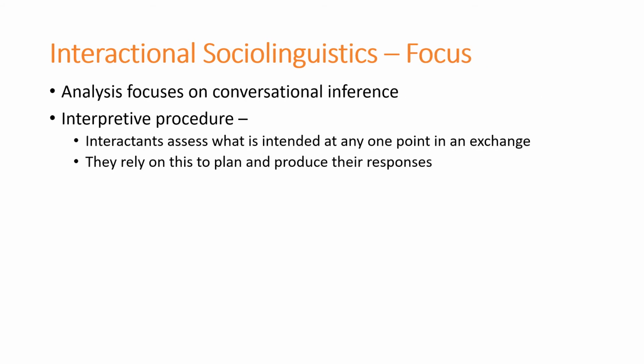To sum up the previous slide, interactional sociolinguistics focuses on conversational inference, and the key concern is the interpretive procedure. This is what interactants rely on. It involves the assessment of what is intended in a particular turn of talk at any point in the exchange, and they rely on this to plan and produce their responses and achieve a particular interactional outcome.